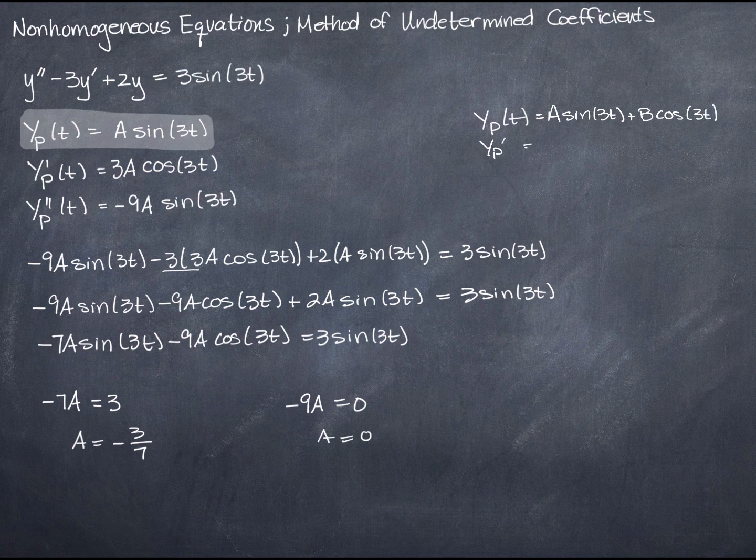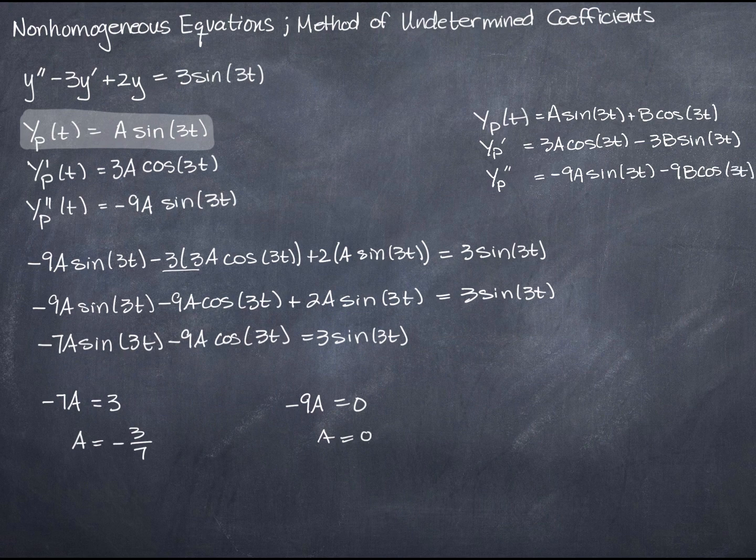Yp's first derivative is going to be 3a cosine 3t minus 3b sine of 3t, and the second derivative will be negative 9a, the sine of 3t, minus 9b, the cosine of 3t.